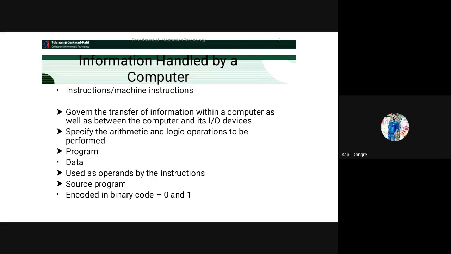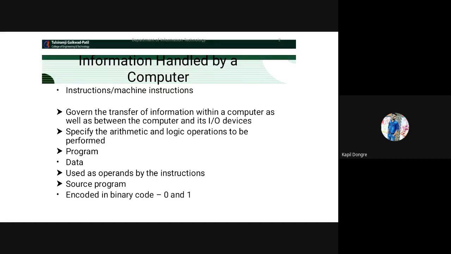What are the functions of input units? They govern the transfer of information within the computer as well as between the computer and IO devices. We know that we have input devices and IO devices, and in between we require different types of IO devices. They also specify the arithmetic and logic operations to be performed. What are the different types of arithmetic and logic operations we require?